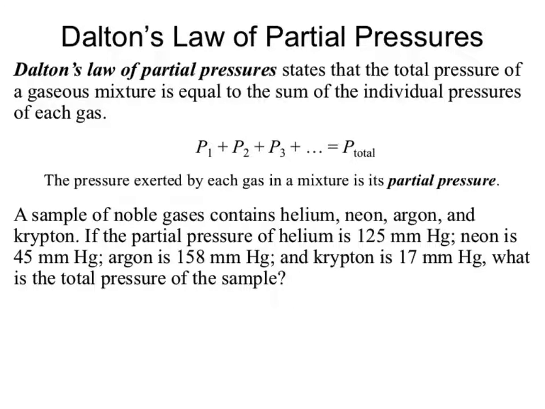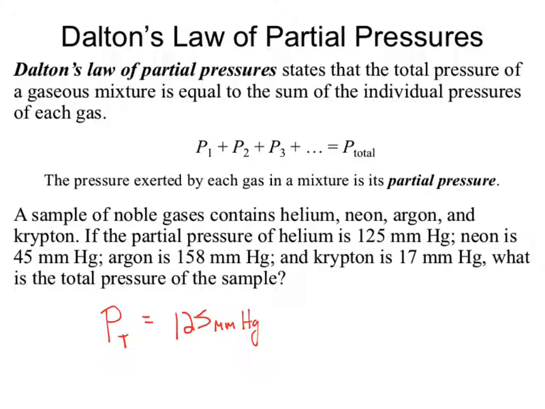You should be able to walk me through this calculation pretty easily, hopefully. 125 millimeters of mercury. Hg is not magnesium, it's mercury.